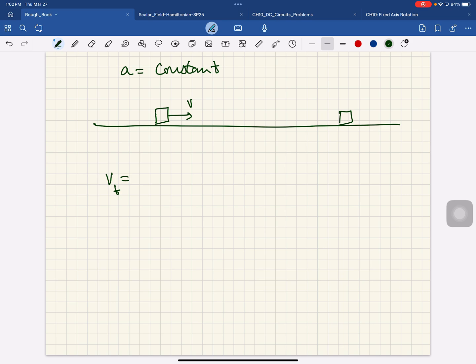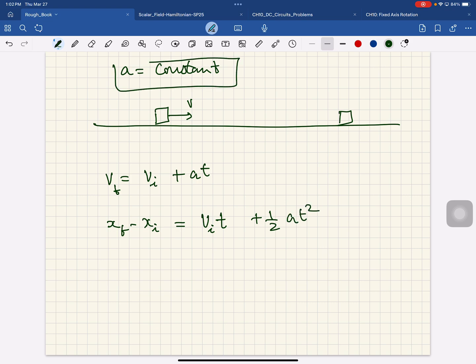The final velocity was the initial velocity plus acceleration times time. x final minus x initial was equal to initial velocity times time plus 1/2 a t squared. These equations were valid when acceleration was constant. And v squared was equal to v initial squared plus 2a times x final minus x initial.